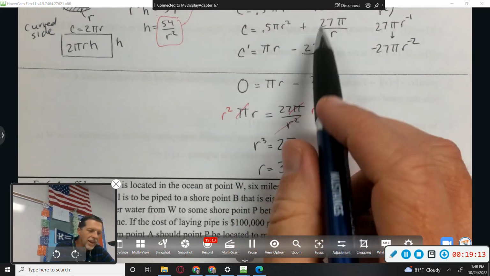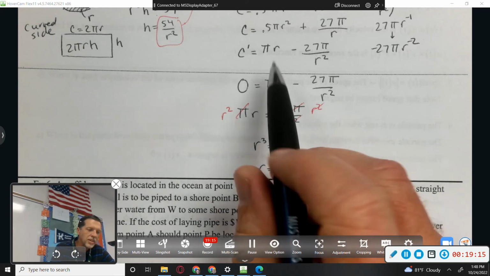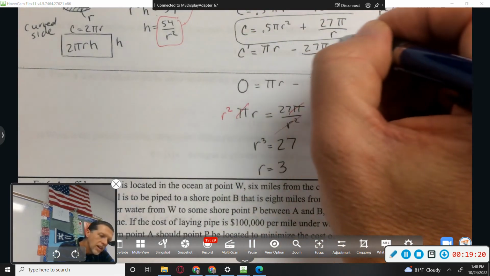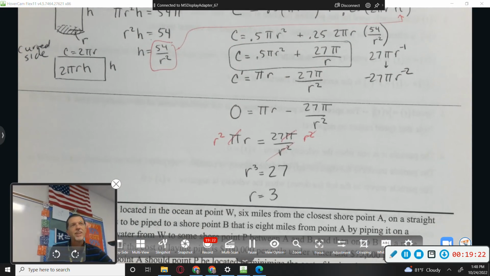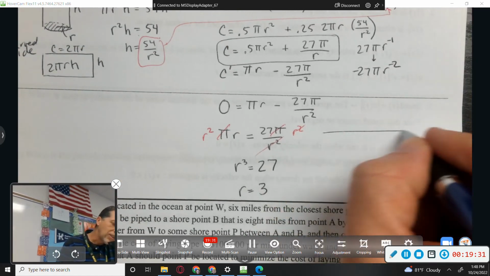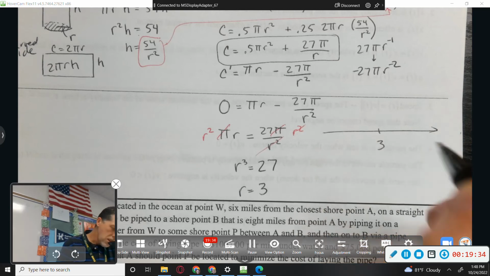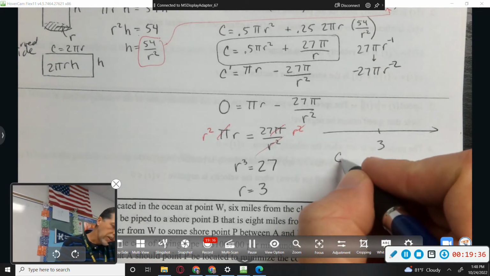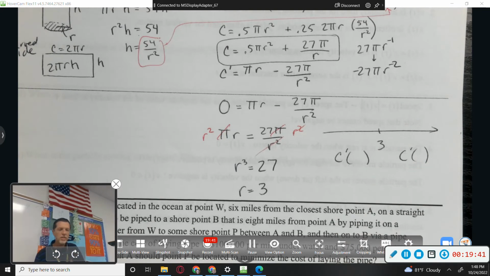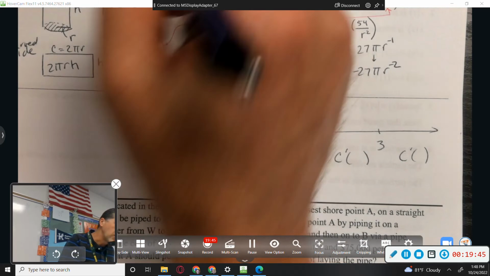This was a mess. I have no idea if that's a max or a min, because I don't know what this looks like. When they're simple and you can sketch it out, you know that here's my critical point, maybe there's another one. But I have no idea what that looks like. So I think I need to do a sign chart with C prime to see if it's a minimum, which is what I want.